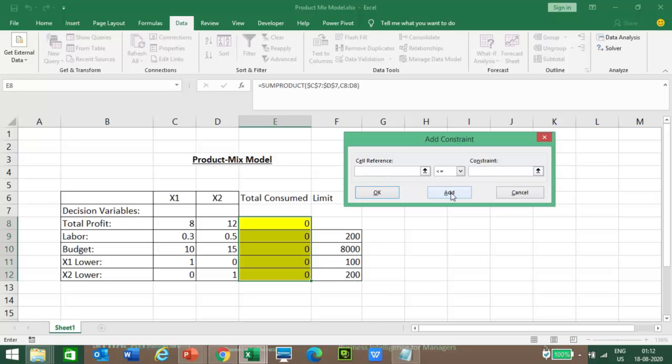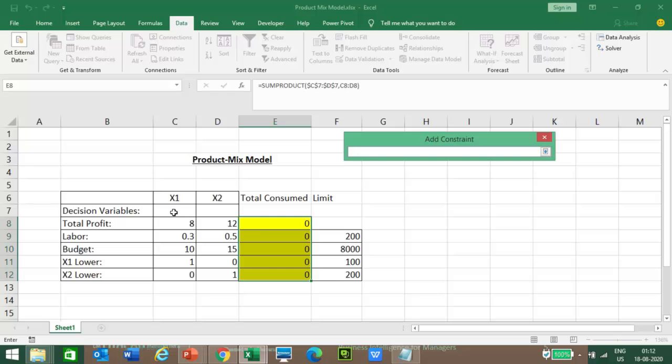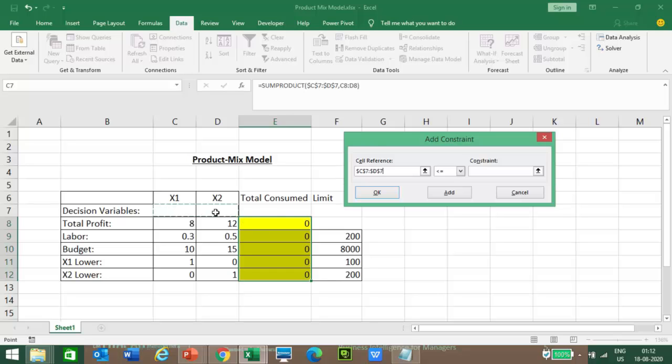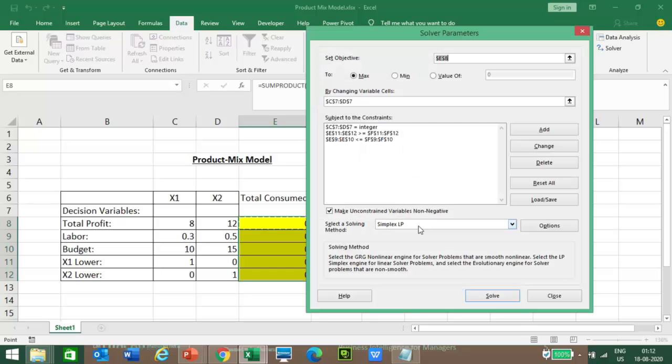Also, since X1 and X2, the quantities, are supposedly integers, we'll add another constraint for the decision variables, that is the integer constraint. Before you solve this, make sure you have selected make unconstrained variables non-negative and selected the method as Simplex LP.